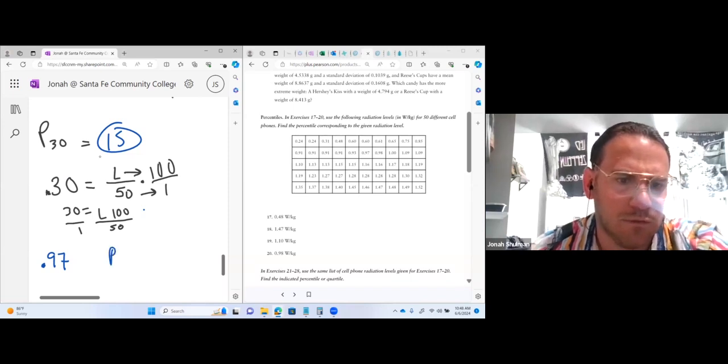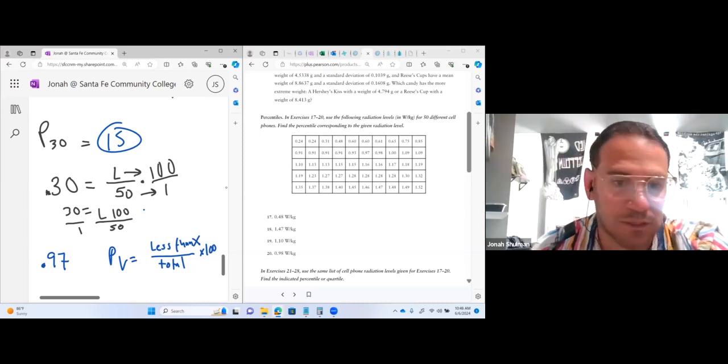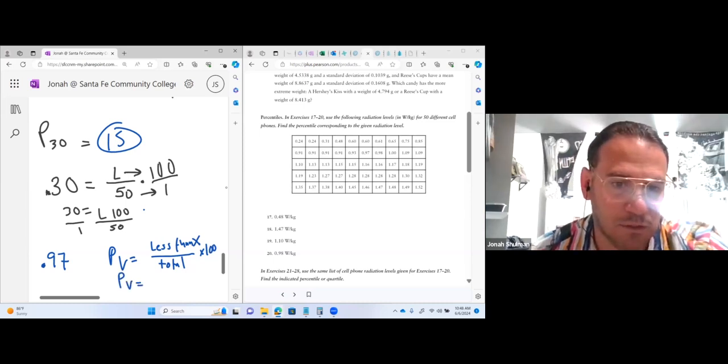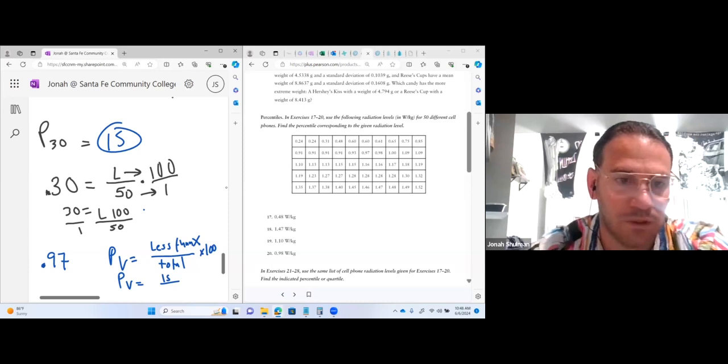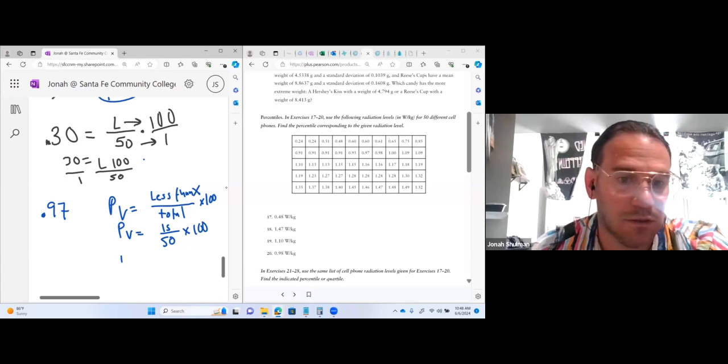So PV equals the number of values less than x over the total times 100. So if we have 0.97, we've got 15 less. So ready? PV equals 15 over, we've got 50 in total, times 100. Let's see if we're going to get that 30.